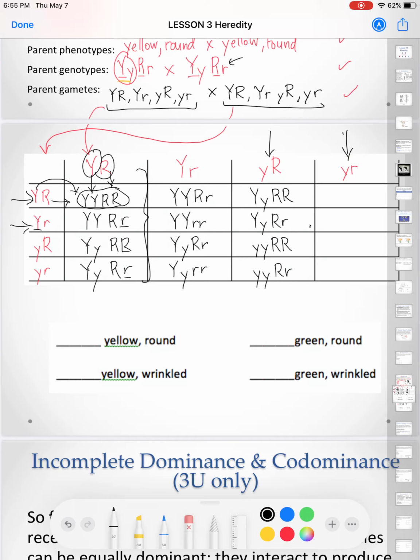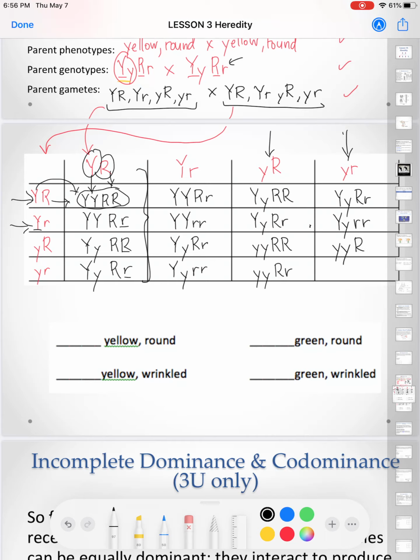Okay, now we're going to look at the last gamete in the columns, the fourth column. And we have heterozygous for the Y's and also heterozygous for the R's. Let's move down. Heterozygous for the Y's, homozygous recessive for the R's.